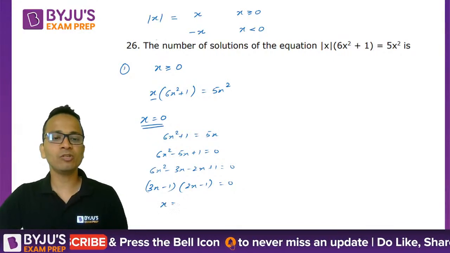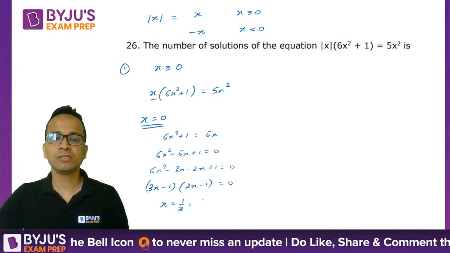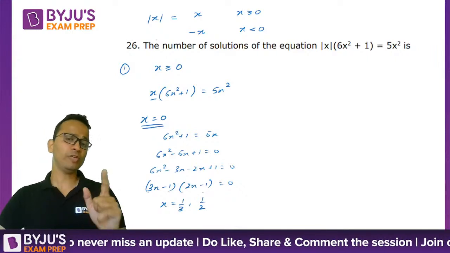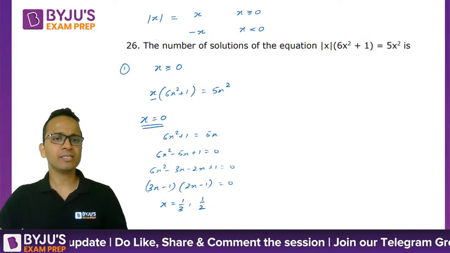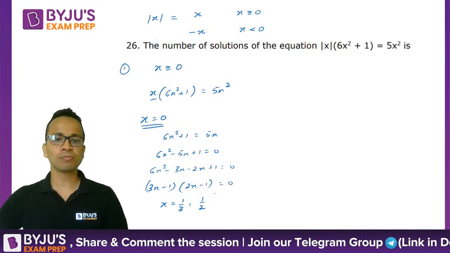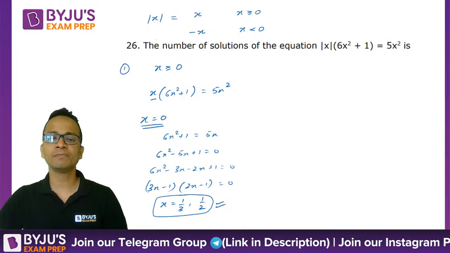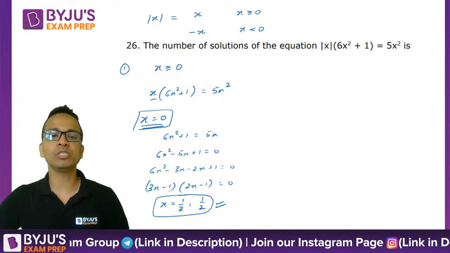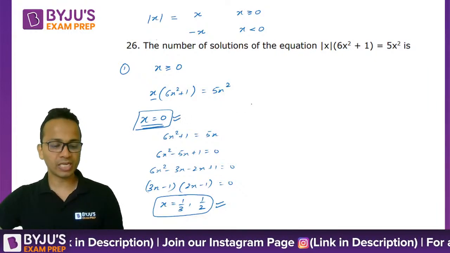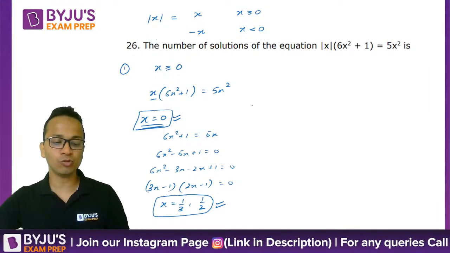So x has two values, 1 upon 3 and 1 upon 2. Now we considered x to be greater than or equal to 0. So these two values are valid, as well as x equal to 0, which is also valid because we considered that x is greater than or equal to 0.